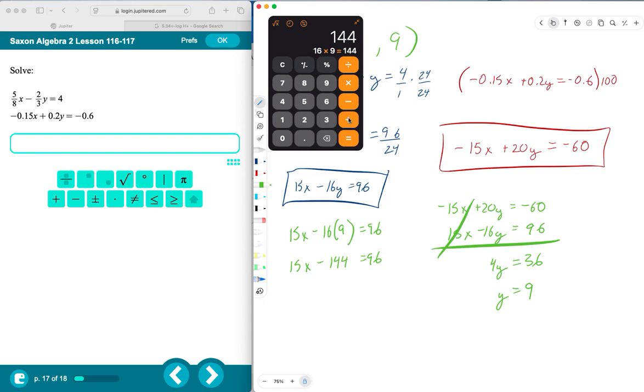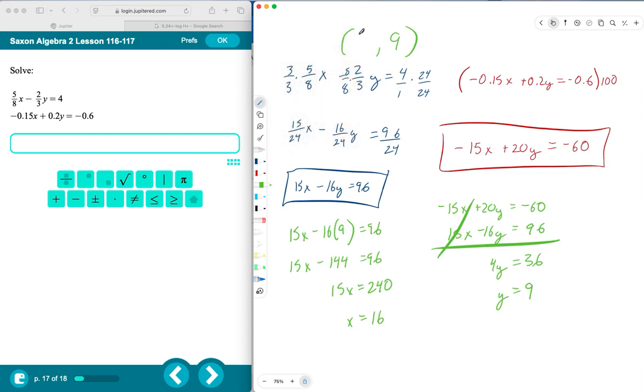Add 144 to both sides. 15x is equal to 240. Divide both sides by 15. x is equal to 16. So my answer is 16 and 9. This is the answer to this solution here.